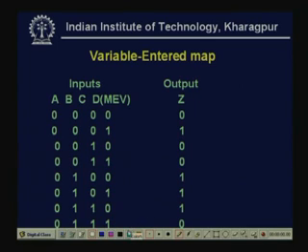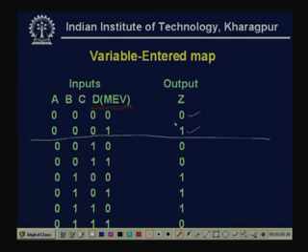Now actually we should draw a line here. Say ABC is 0 0 0, then D can be 0 or 1. If D is 0, Z is 0, if D is 1, Z is 1.